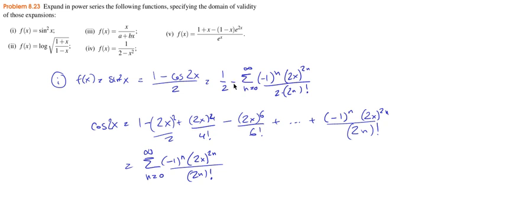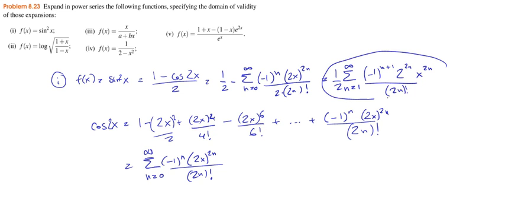The first term goes away, 1 minus 1. So this is the sum from n equals 1 to infinity of minus 1 to the n plus 1 times 2 to the 2n x to the 2n divided by 2n factorial, and the 1/2 goes out if you want.